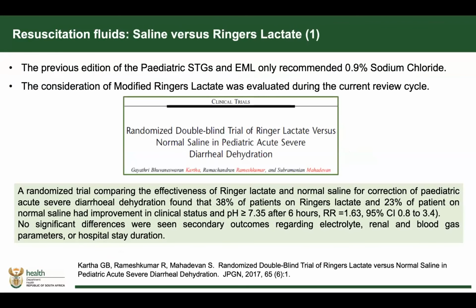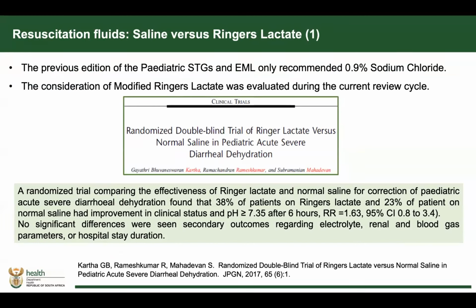So there was a randomized controlled trial that was published that compared the use of Ringer's lactate and normal saline in the setting of acute severe diarrheal illness in children, using the WHO classifications of severe dehydration.